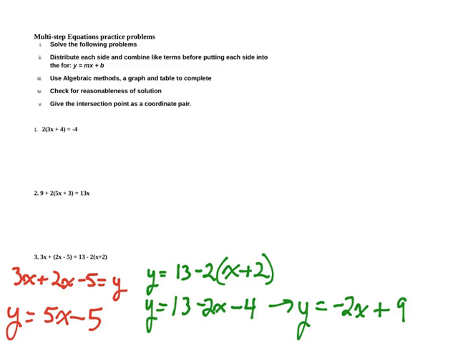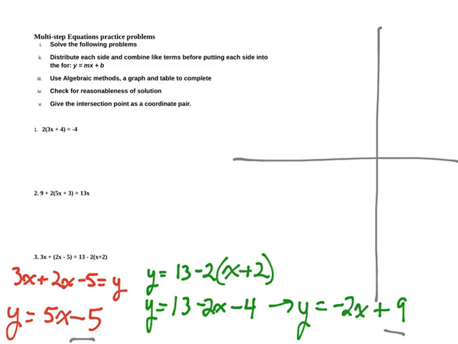All right, so here we go. We've got a graph to do, and I've got to be able to get to the -5 on my y-axis and a positive 9. So let's see if I can build this in here. Let's see if I can do this fairly straight. All right, now, if I go 1, 2, 3, 4, 5, 6, 7, 8, 9, we might as well go 10.